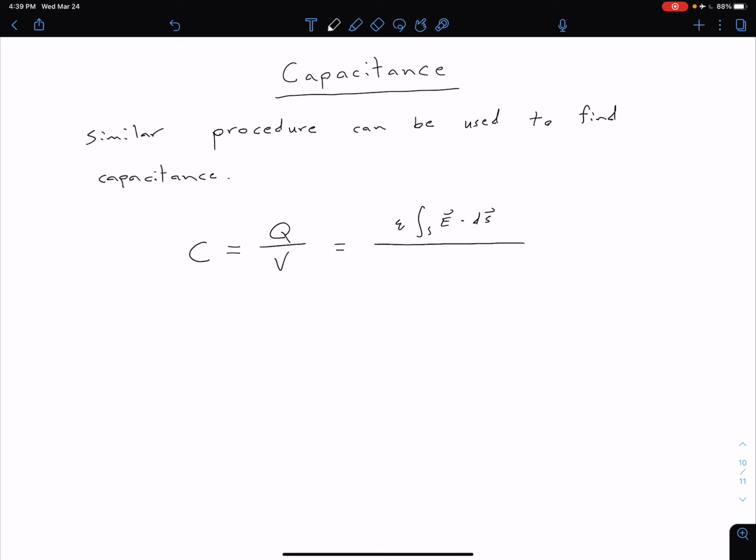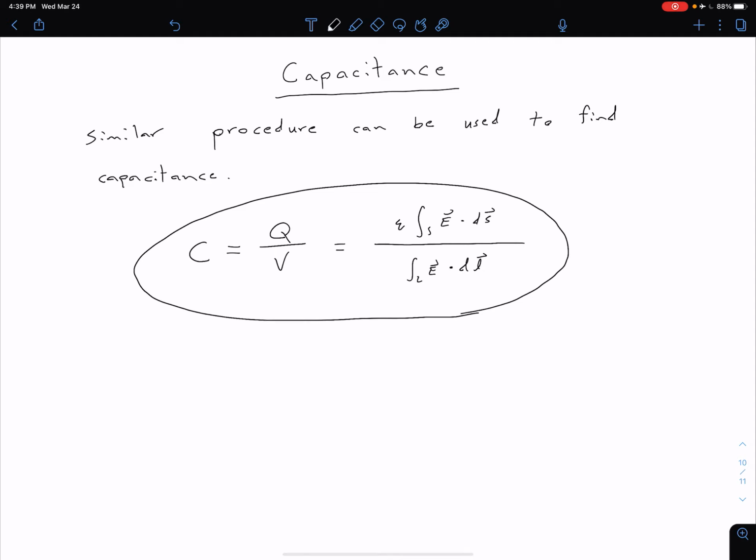And so I've just used our relationship that our electric flux density D is equal to epsilon E. And we know that our voltage is the line integral of E dot dl. And because we're only interested in the voltage magnitude, I'm going to leave off the negative sign that we normally have out front of that. So this would be our general expression for our capacitance.